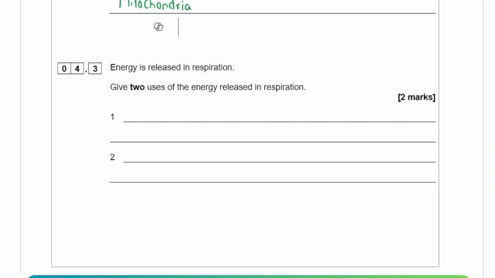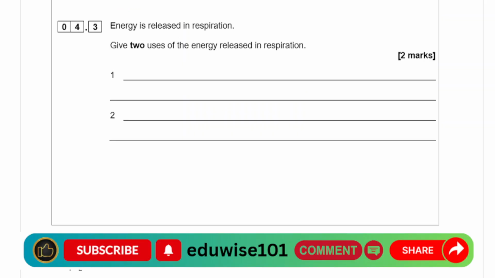Energy is released in respiration. Give two uses of the energy released in respiration. So let me give you a couple of examples. For movement, or you could say muscle contraction.